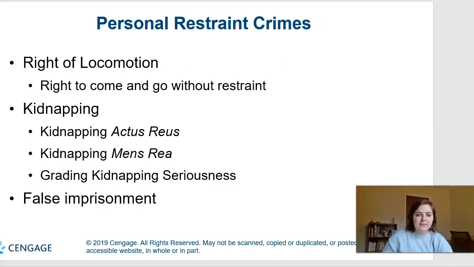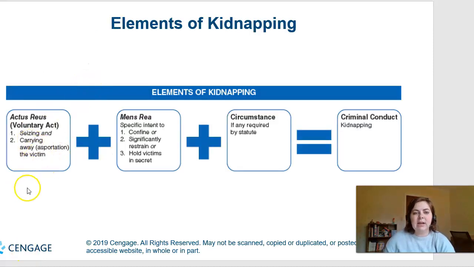Now we're going to shift focus one last time to personal restraint crimes. So personal restraint crimes, the two big ones are kidnapping and false imprisonment. Kidnapping has an actus reus of seizing and carrying away the victim. This is called asportation, and you do not have to move the victim very far.